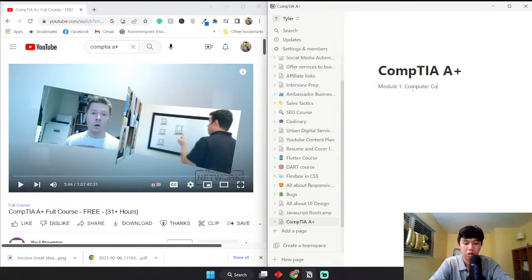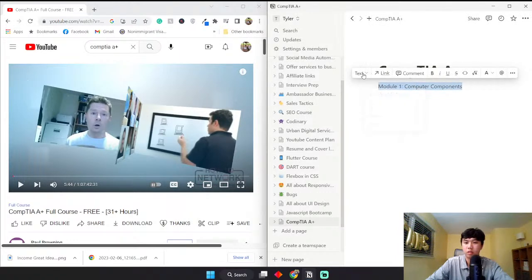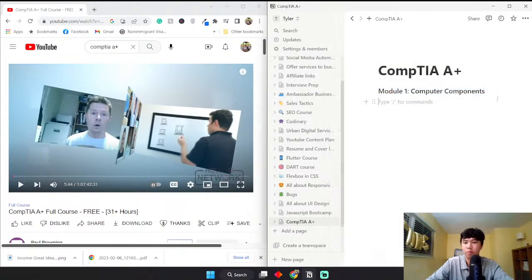Computer components. Right, so let's make this H3.